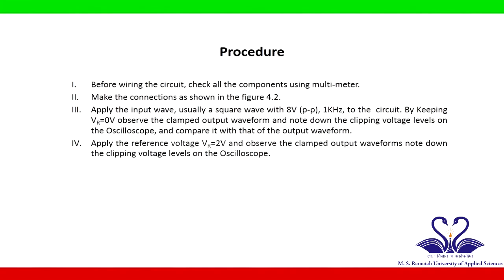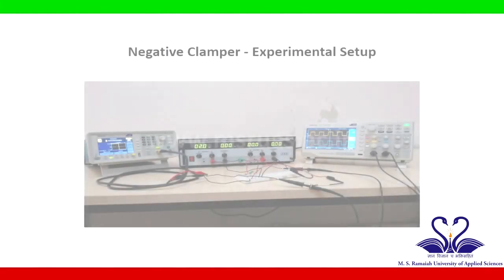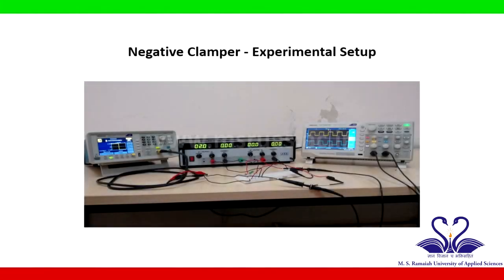Apply this signal as input. Measure the input and output using a digital oscilloscope by connecting it with the circuit with the help of probes. Note down the clamping level at the negative cycle with reference voltage at 0 volt and 2 volt. This shows the experimental result of negative clamper.